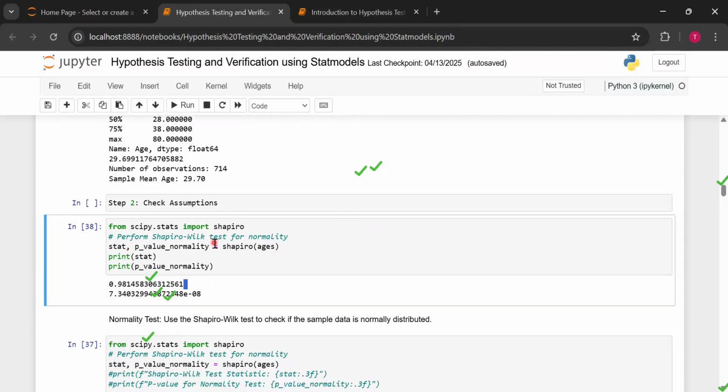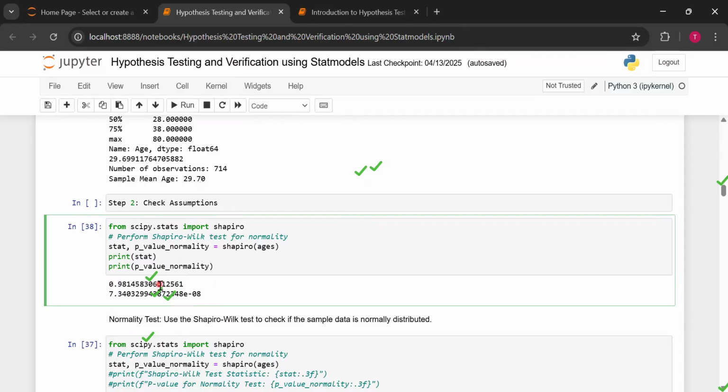So how do we test it? We define the statistic, stat, and its p-value. So we have the statistical value and the p-value. If it's normally distributed, we pass Shapiro. We write Shapiro and pass our variable. When we print the results, it will give us our Shapiro test. This is like defining two variables on the same line of code: the statistical value and its p-value, or probability value.